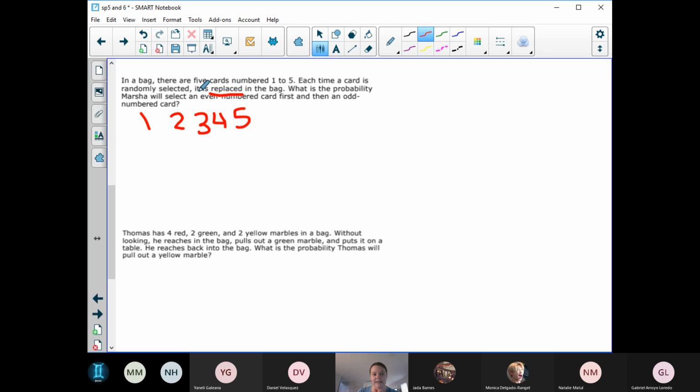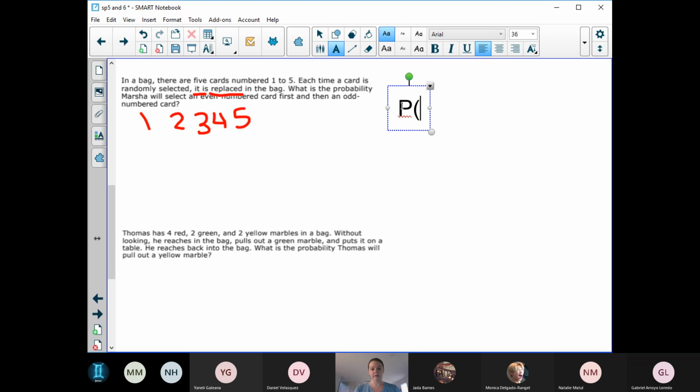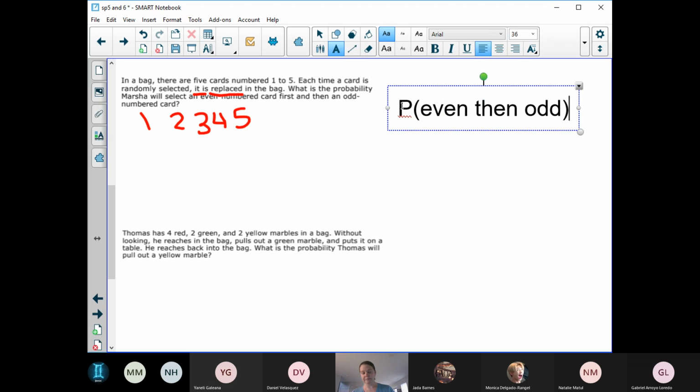So it is replaced, meaning this is with replacement. What is the probability Marcia will select an even numbered card first and then an odd numbered card? So we want to know the probability of even, then odd.